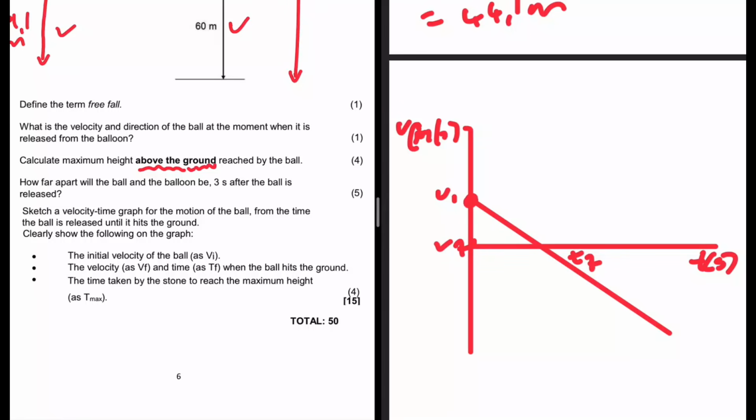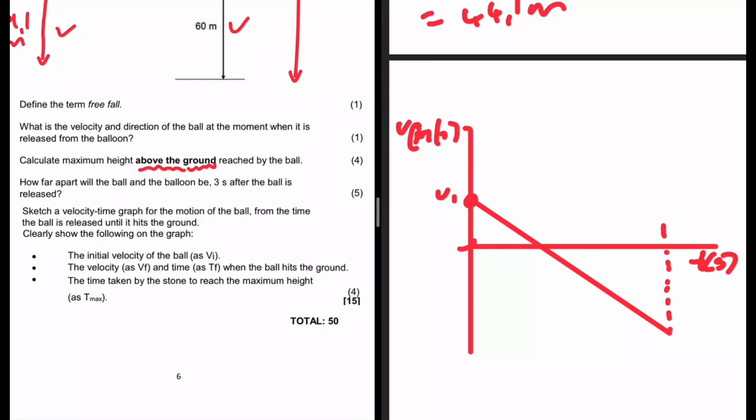Okay, and then what else are we supposed to indicate? The time taken by the stone to reach the maximum height, t max. The second bullet point says the velocity Vf and the time it hits the ground. Okay, no, I'm making a mistake here. Tf is supposed to be here.